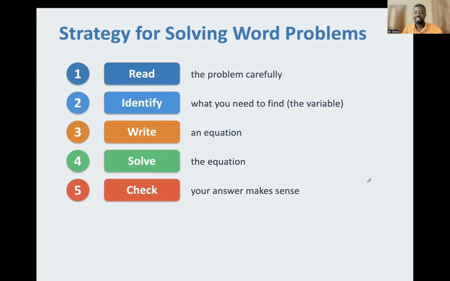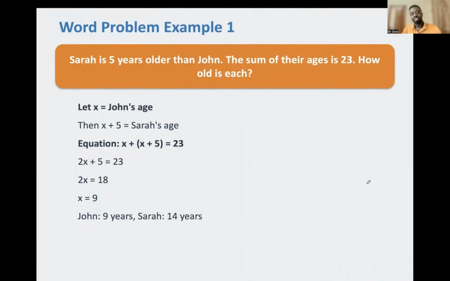Then you go back to the question with the solution and state the answer. In the end, we solve some problems. Actually, we will solve more problems and do practice on linear equations. But for now, let us solve one or two.